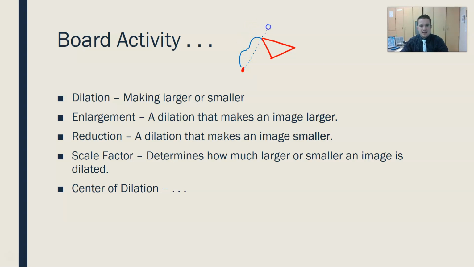So I did the same distance on the other side. See that? I'm going to put a point right here. I'm going to do the same thing with this point right here. If I were to take this distance and extend it twice as big, that point would be right here.